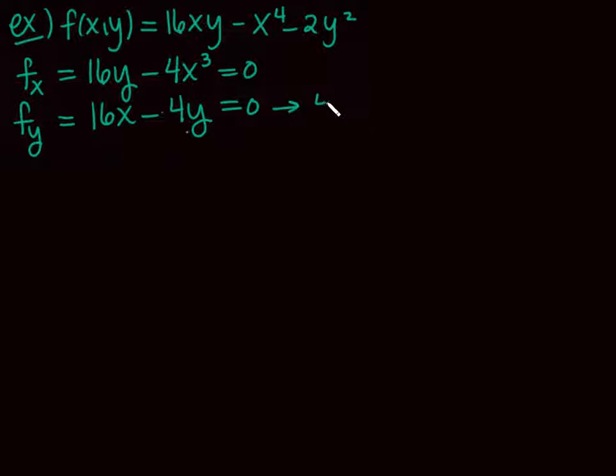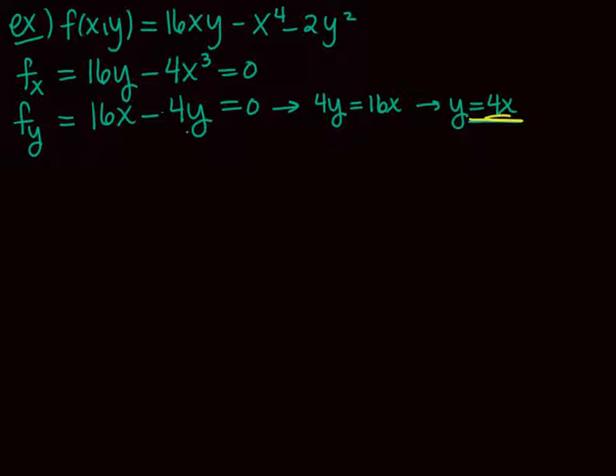I'm going to do a method called substitution, where I take 4y and I'm solving for y here. So it looks like y is equal to 4x, okay? And now I'm going to take this y is equal to 4x, so this is my substitution method, and I'm going to plug that in for this y right here, okay?